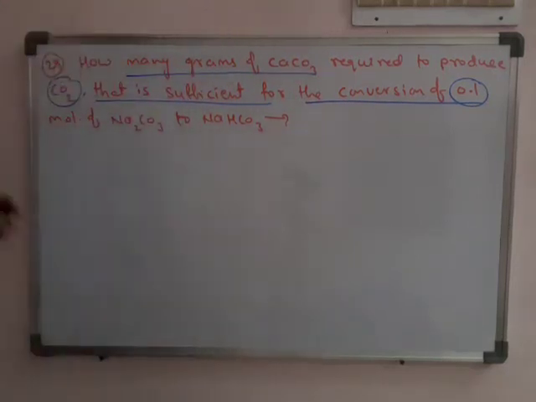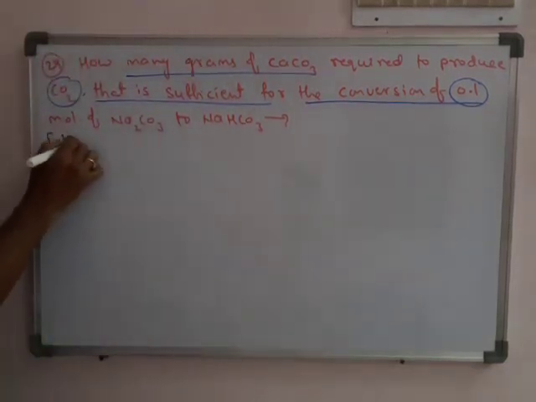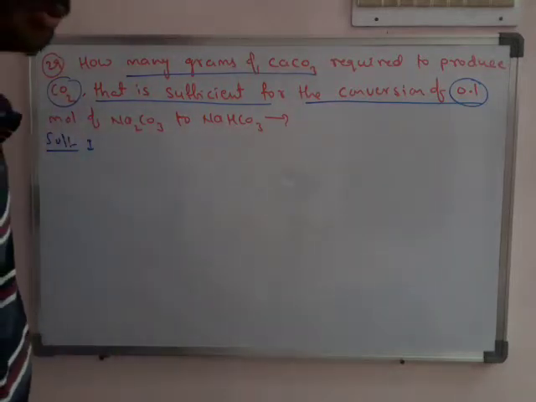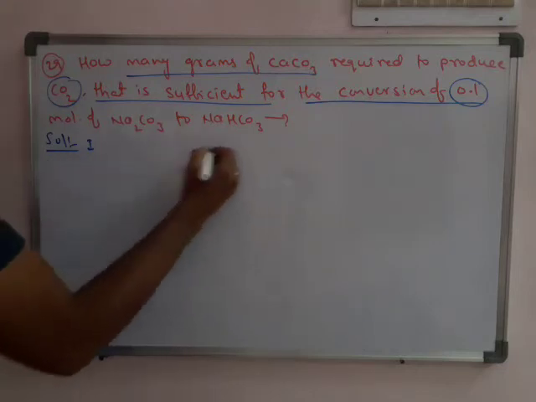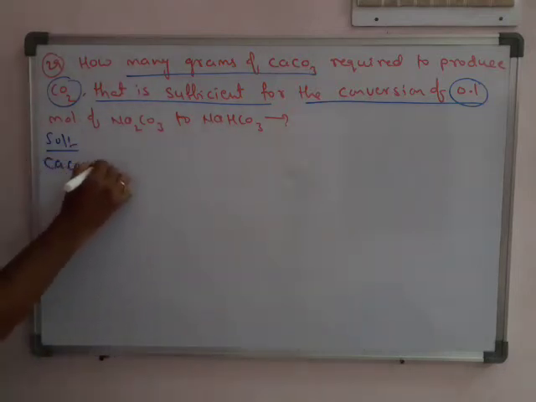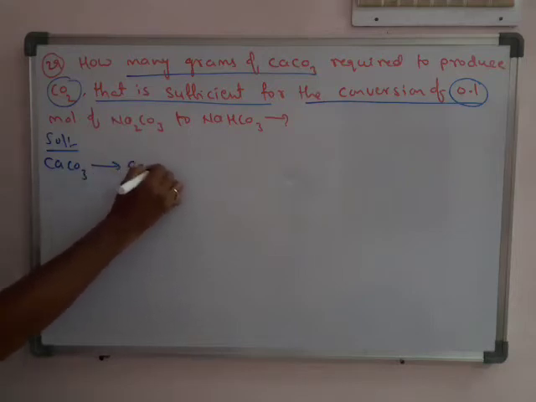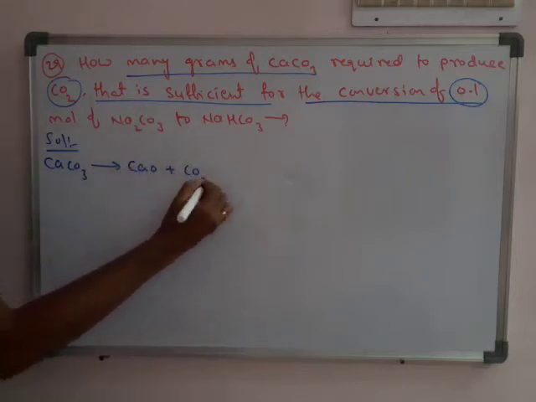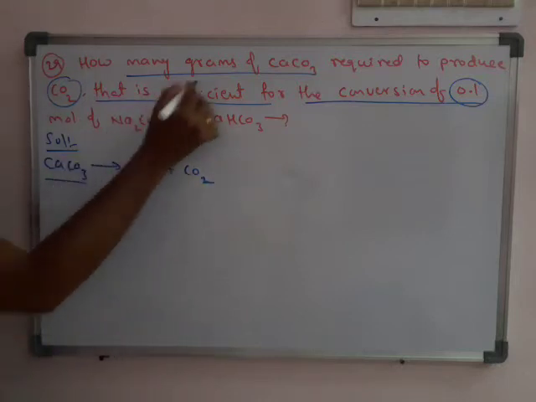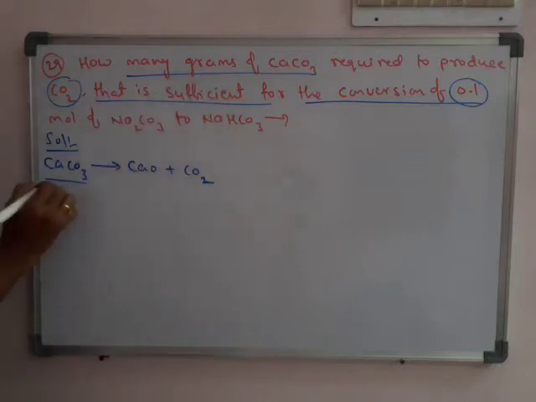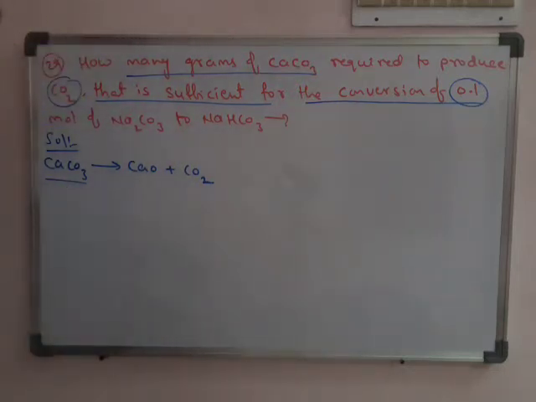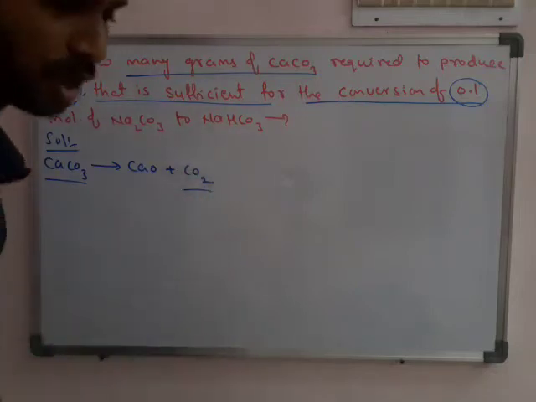See, step 1. Actually we have to know the two reactions. The first reaction is the decomposition of calcium carbonate, which gives calcium oxide and carbon dioxide. We have to calculate the amount of calcium carbonate which releases carbon dioxide.